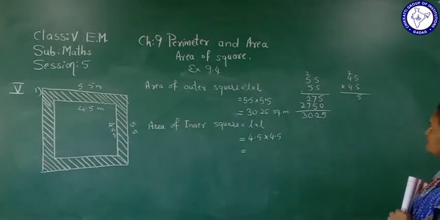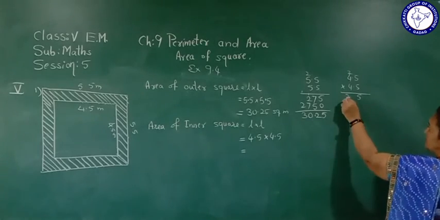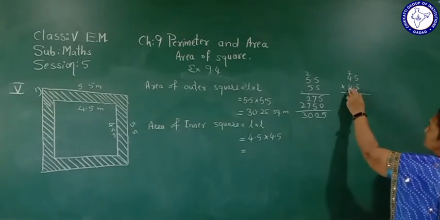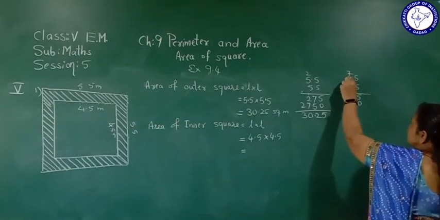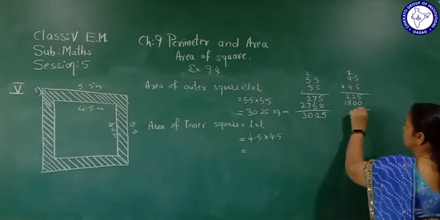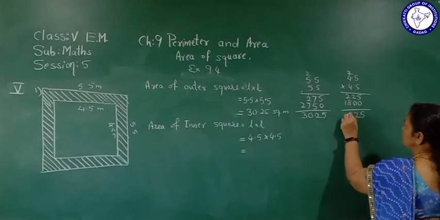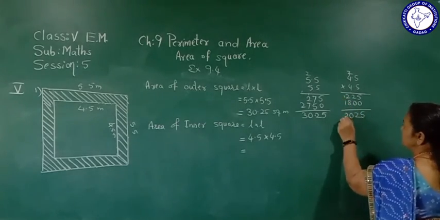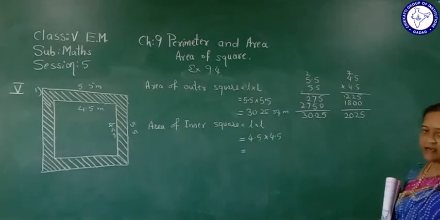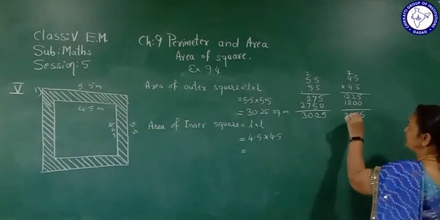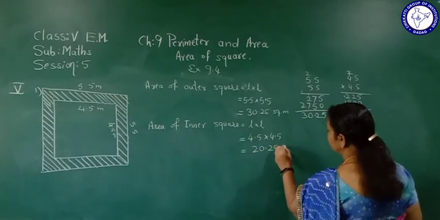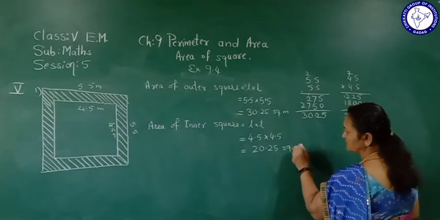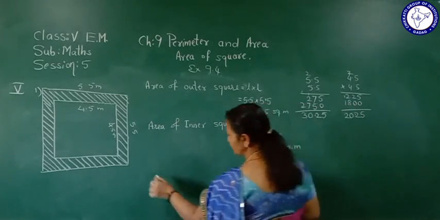Then 5 4s are 20, 20 plus 2, it is 22. Add 0, 5 4 5s are 20, carry 2, 4 4s are 16, 17 and 18. So here is 5, 2, this is 10, carry 1, it is 2. So here answer we get 20.25. This is square meter.